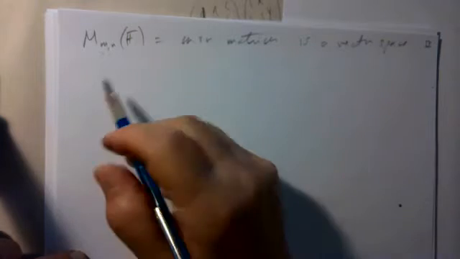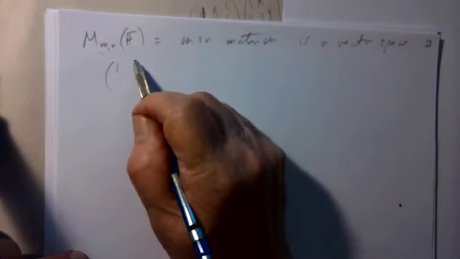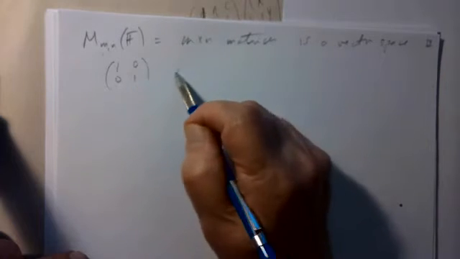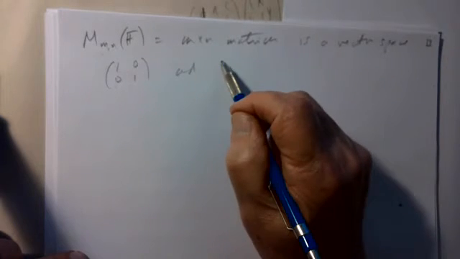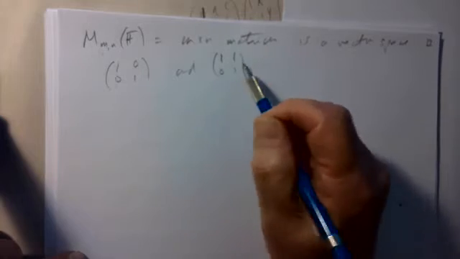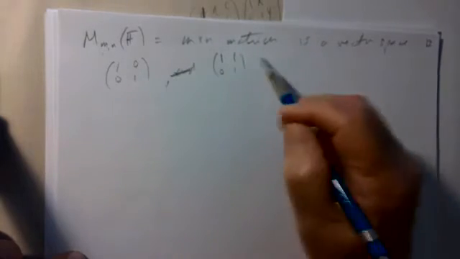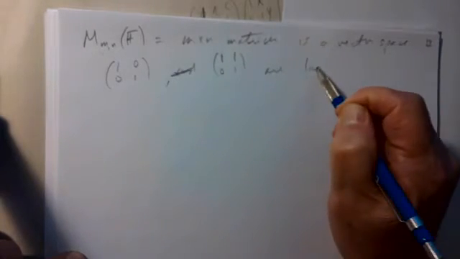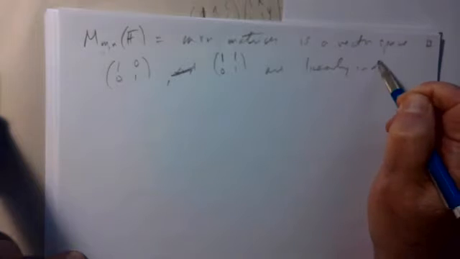So, for example, if we're looking at 2 by 2 matrices, the matrix 1, 0, 0, 1, and the matrix 1, 1, 0, 1, these two matrices are linearly independent.